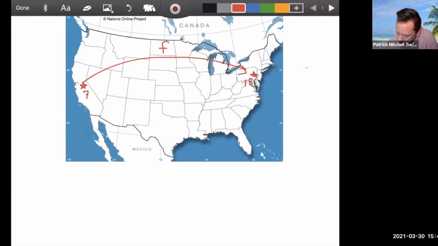So in the language of functions, that's saying that f of 7 is equal to 18.